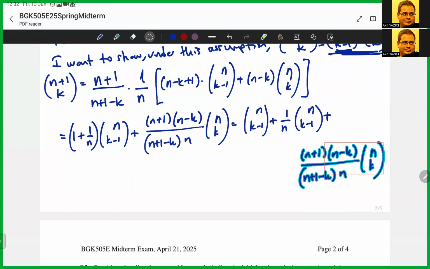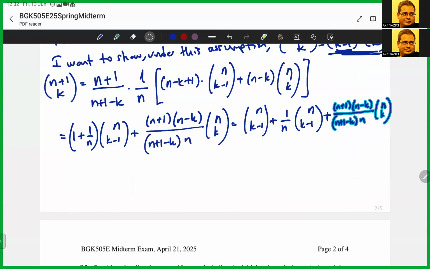Let me resize it a little bit and put it here. So hopefully these two together are going to give me n choose k. We're talking about this part.